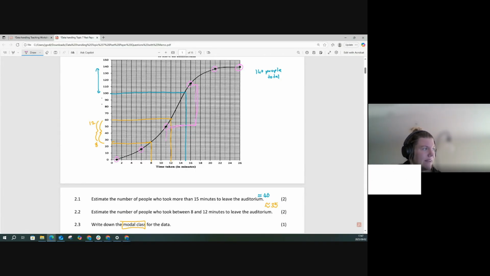So we're going to track to see where that takes us. That takes us to 11 to 16. So our modal class would be between 11 and 16. Steepest curve equals modal class.